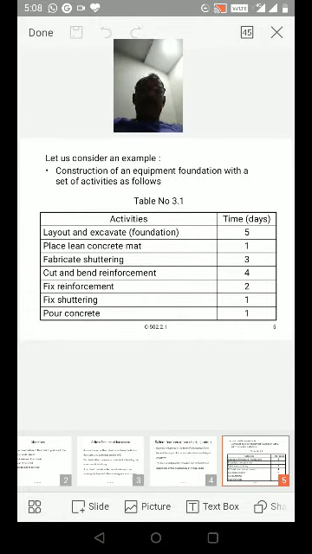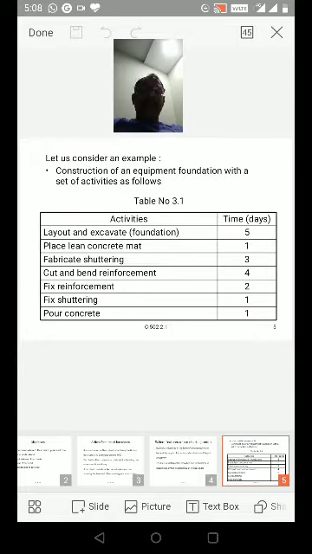Layout and excavate foundation, 5 days. Place lean concrete mat, 1 day.